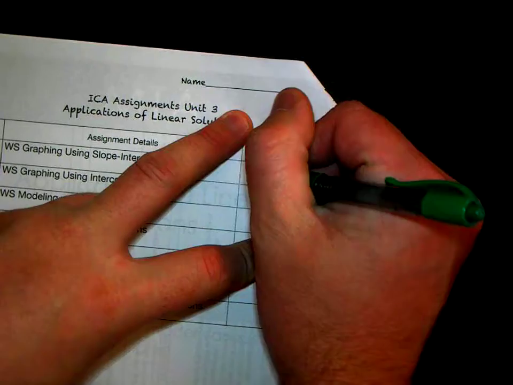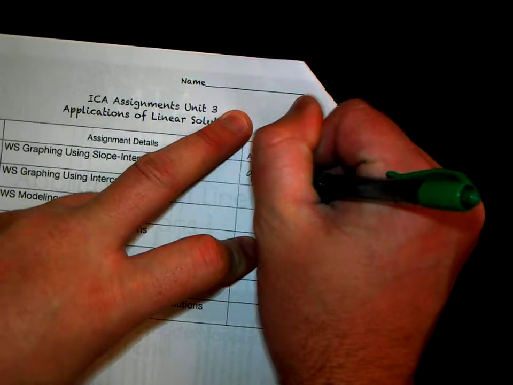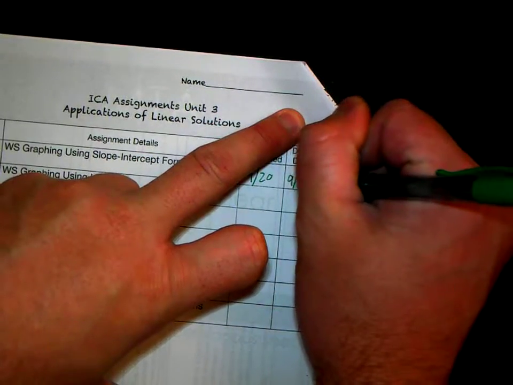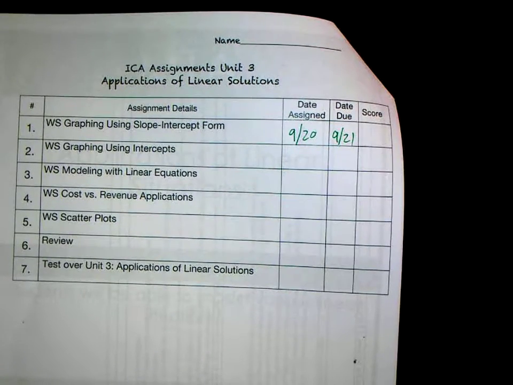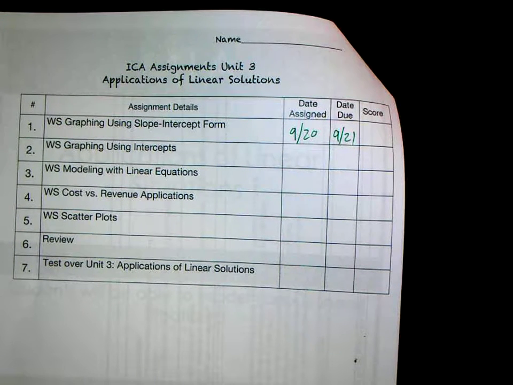And then, homework. Do 920 and 921. Notice this is a short unit.